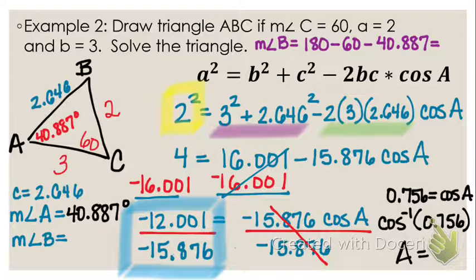Hold on. 180 minus, let me type it in to be sure. 79.113. Okay, any questions? Okay, law of cosines takes a lot of time, but I want to make sure we have a couple of days to review, so we need to keep moving forward here.